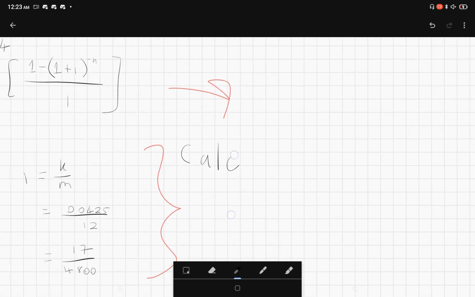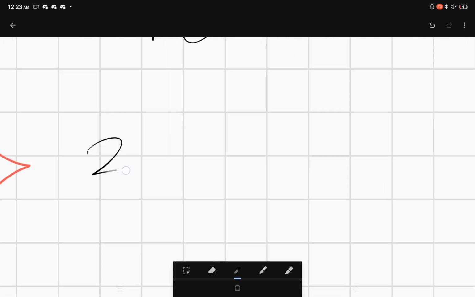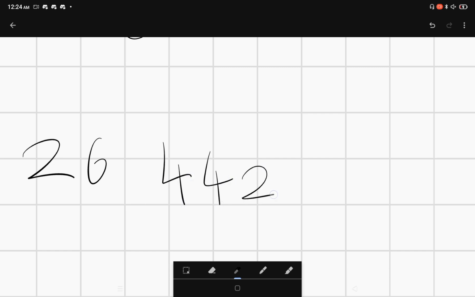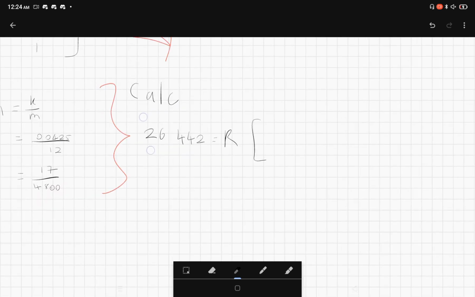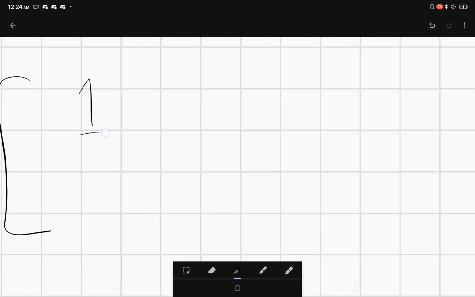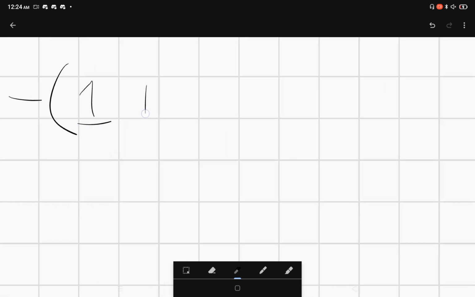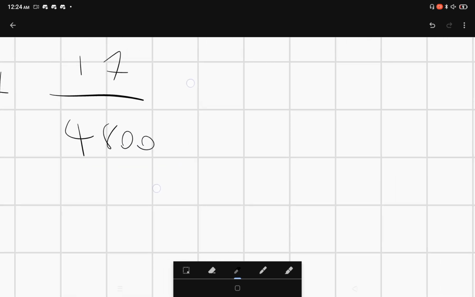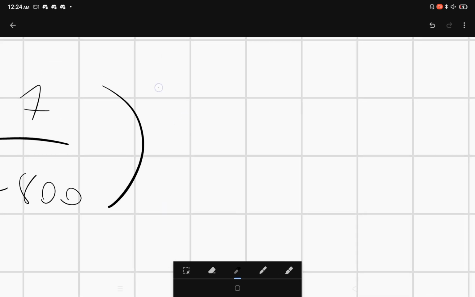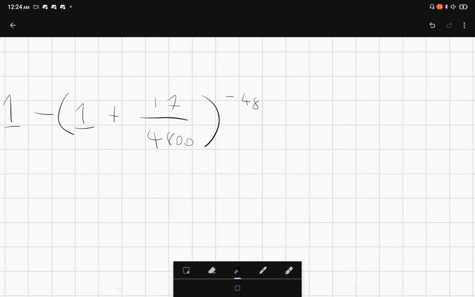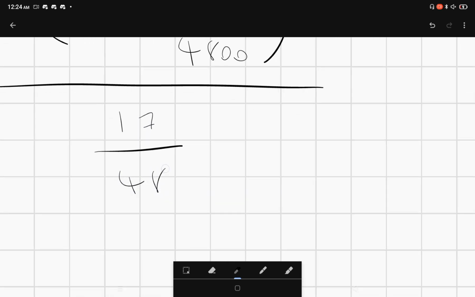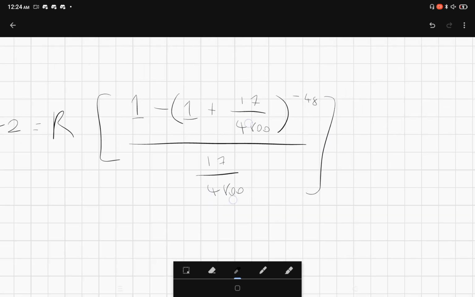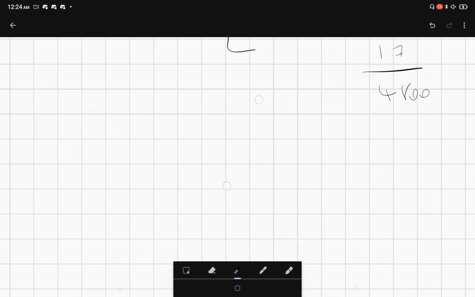Our amount is 26,442 ringgit equals R, and in bracket we will enter the formula that I showed you. 1 minus 1 in bracket plus 17 per 4,800 in bracket again, negative 48, and then per 17 per 4,800, and then in bracket.